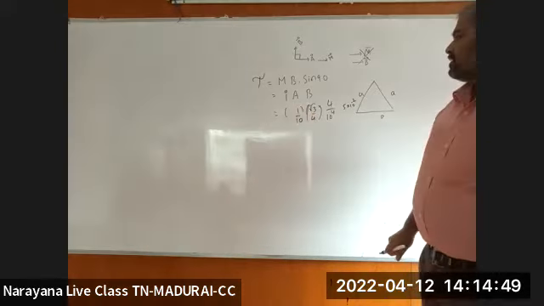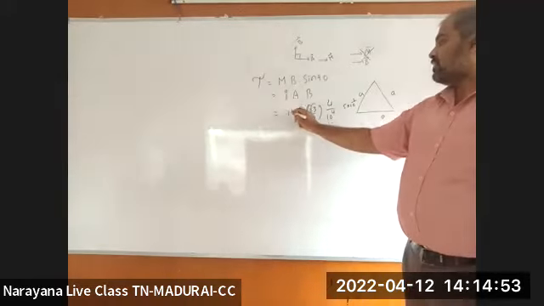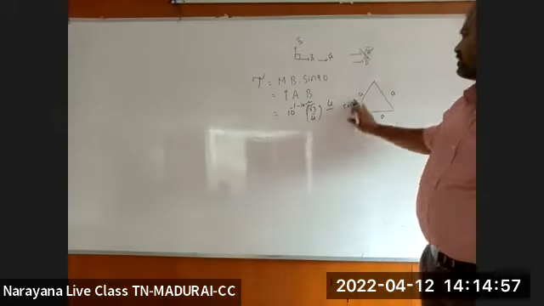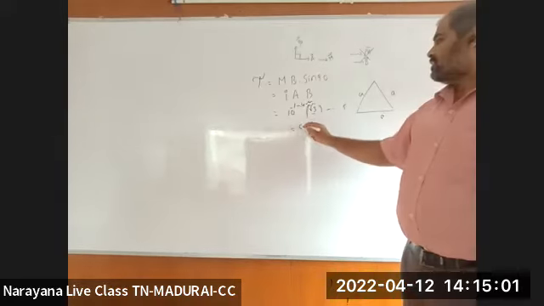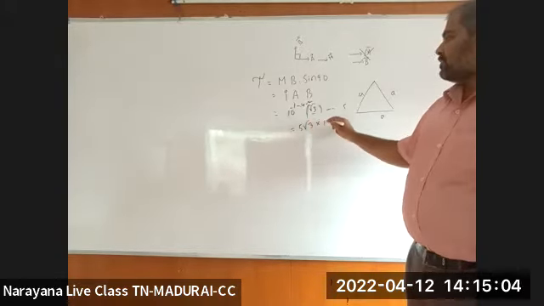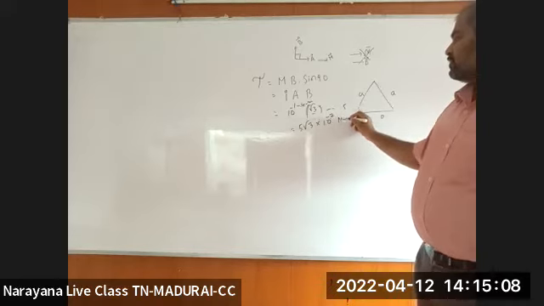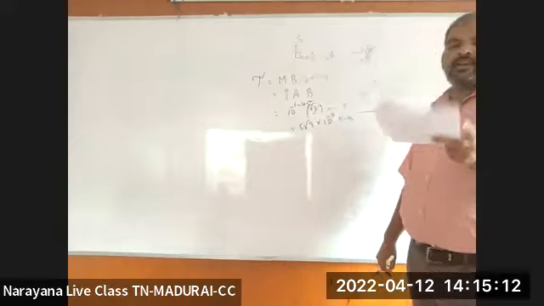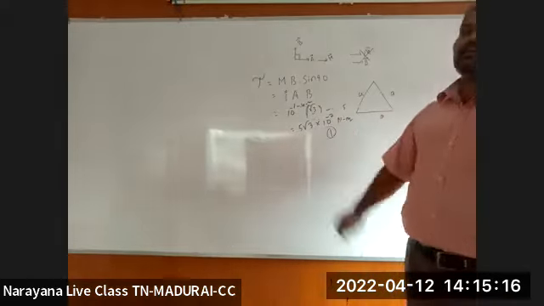Then 10 power minus 1 minus 4 minus 2. Here 4 cancels out. So we get 5 root 3 into 10 power minus 7 Newton meter. Then option 1 is correct. He did not specify the angle, so here option 1 only is the correct answer.